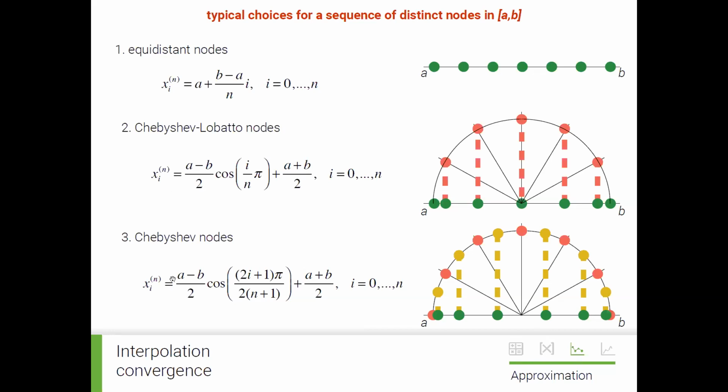They are on the circle. We will define them. Here, equidistant nodes are green, the red are Chebyshev-Lobatto nodes, and the yellow are Chebyshev nodes.